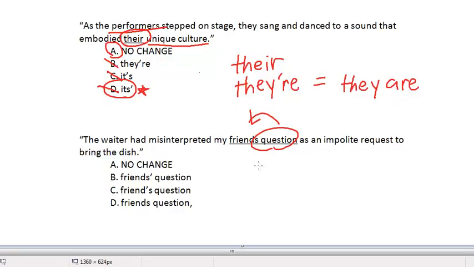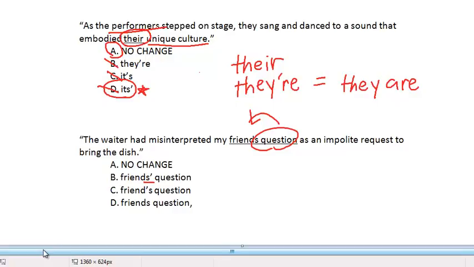So once we've determined that, then we can go through the options and just look for the possessive form of the noun friend. In A, we just have friends, just a plural subject, meaning just more than one friend. In option B, we have an apostrophe after the plural subject friends, so we know that this is a possessive.